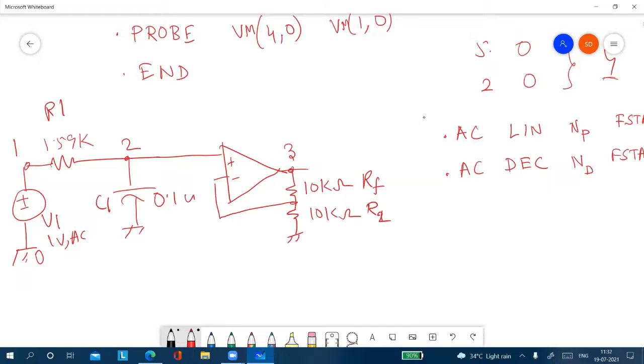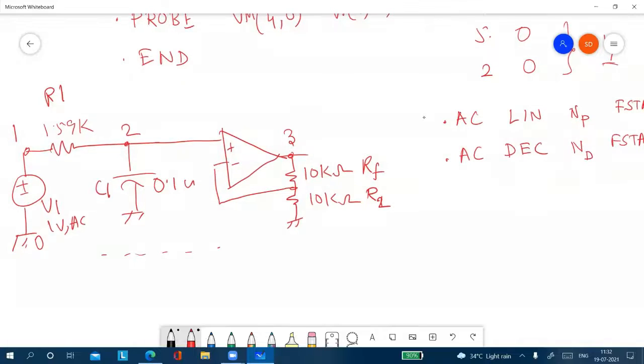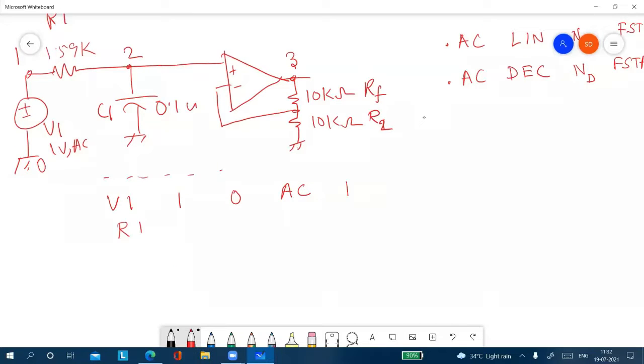So first the title, first V1 1 0 AC 1 volt. Then write R1. What will you write for R1? 1 2, then 1.59K. Then R2 2 3, R2 is not needed. And C1, how much will it be? 2 0, then 0.1 U.